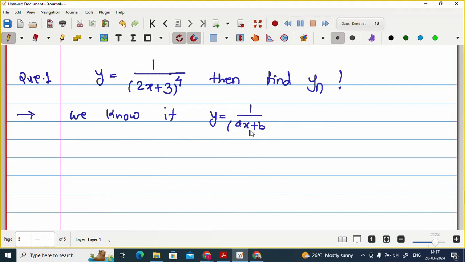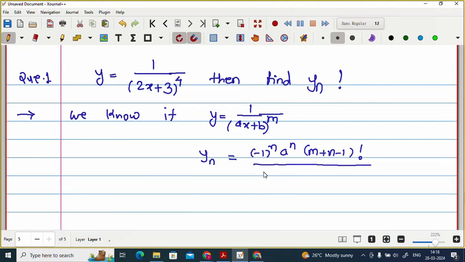So for that I will use the general formula: y is equal to 1 upon (ax plus b) raised to m. In that case we have the formula that yn is given by minus 1 raised to n, a raised to n, (m plus n minus 1) factorial divided by (m minus 1) factorial into (ax plus b) raised to m plus n.